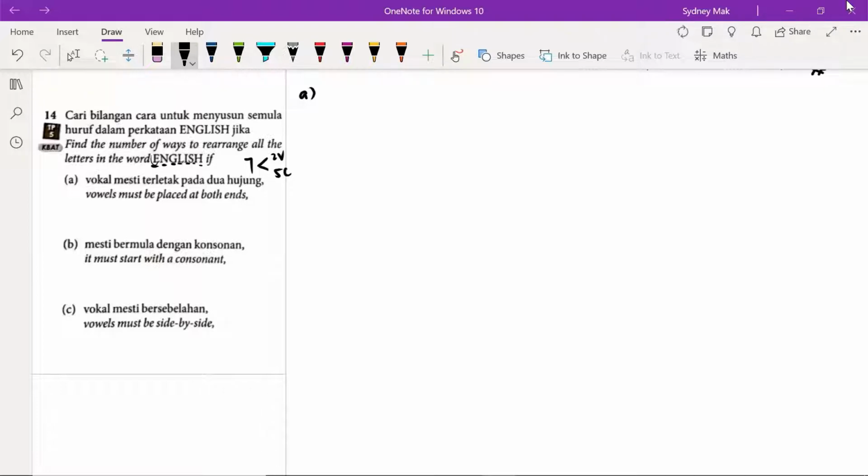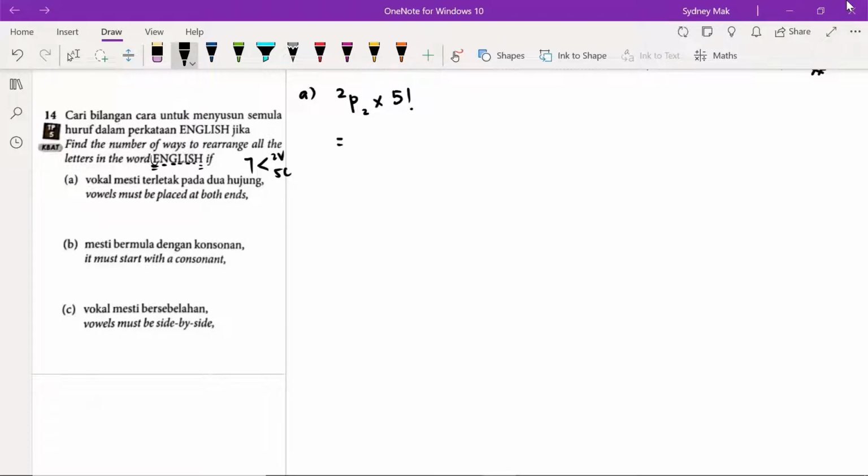Over here, vowels must be placed at both ends, so we have to start with the two end empty slots first. That means 2 spaces, 2P2. Those 2 spaces are meant for the 2 vowels, so 2P2, followed by the remaining 5, so 5P5, which is 5 factorial.